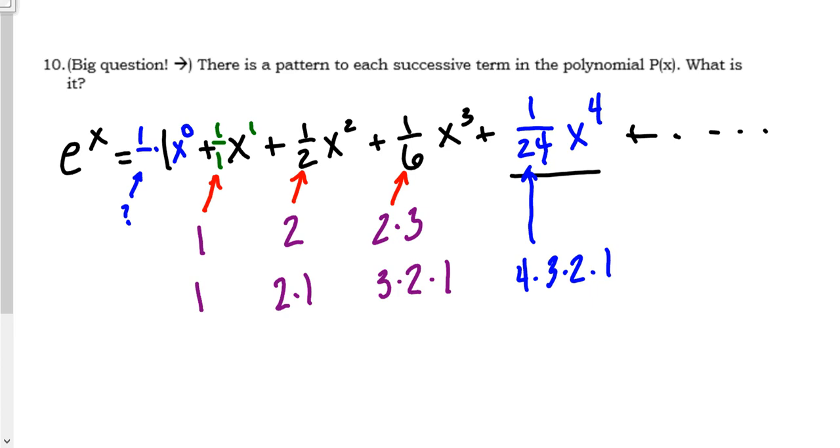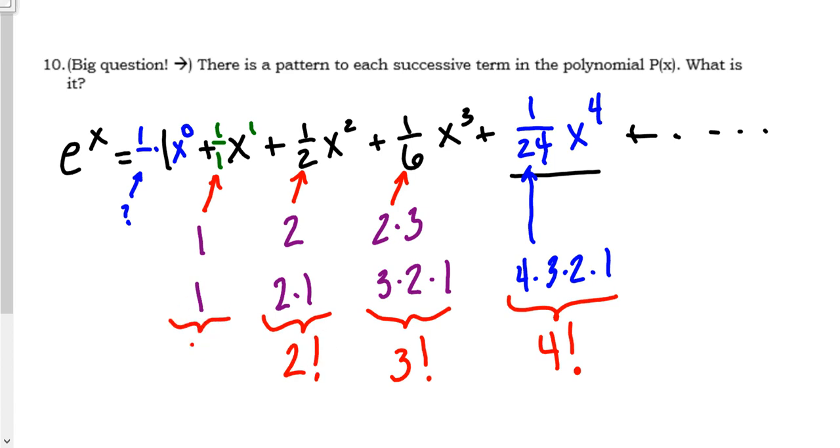Back in like second year algebra? That's called 4 factorial. 3 factorial, 2 factorial. Technically, that's 1 factorial. Also, how about this? 0 factorial? What's 0 factorial equal to? Oh, it is equal to 1.